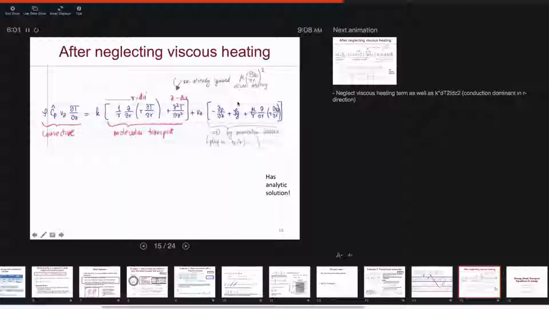Okay. And on the other side, I have the second order derivative of temperature in z, as well as this is all due to molecular transport, as well as the major part of the heat transport here in our direction. Okay.